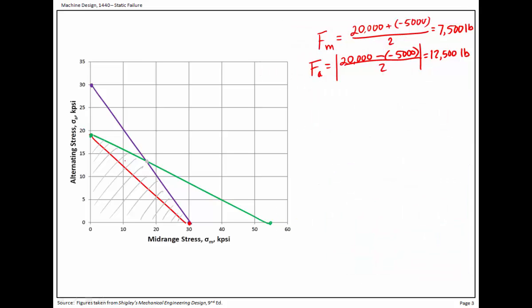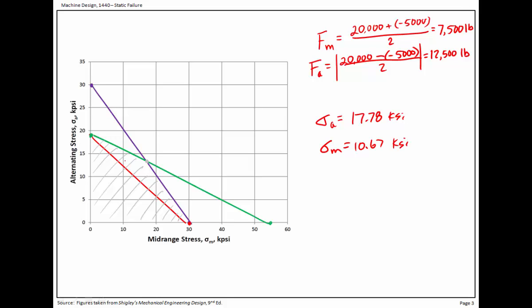Right, now let's go back and plot those points. It's a pretty important thing. We can plot the point: the alternating stress was found to be 17.78 KSI, and the mid-range was found to be 10.67 KSI.